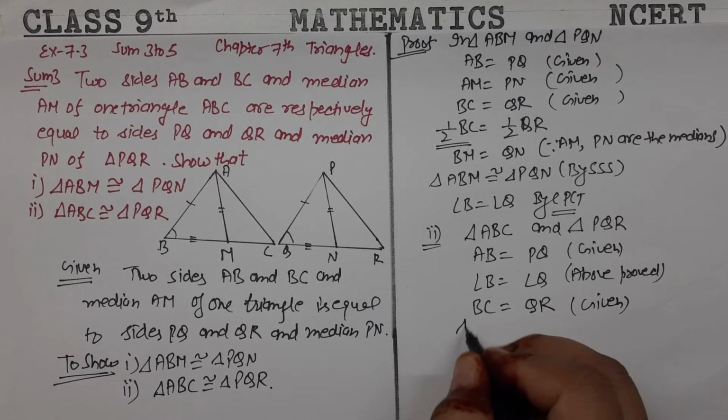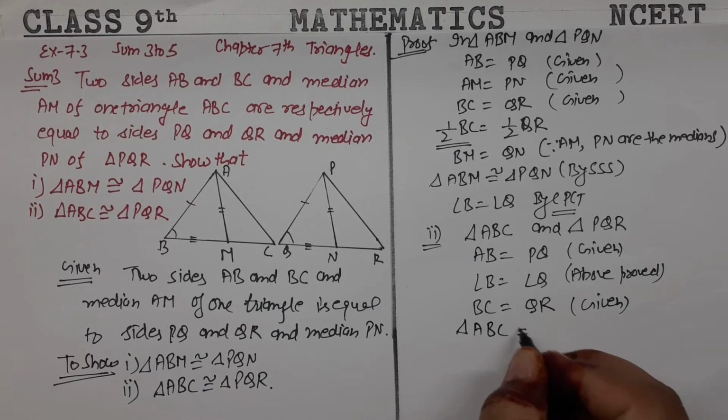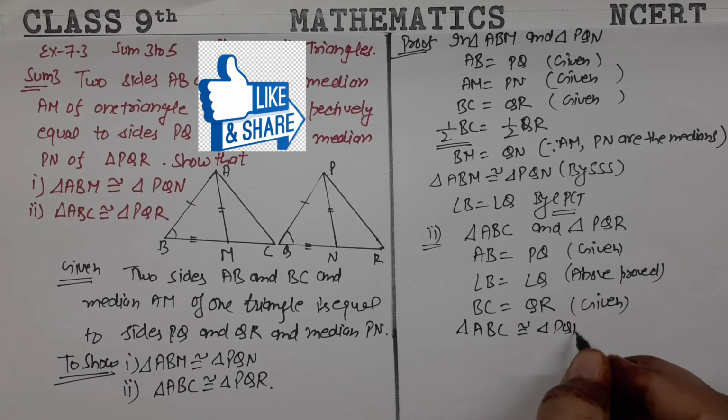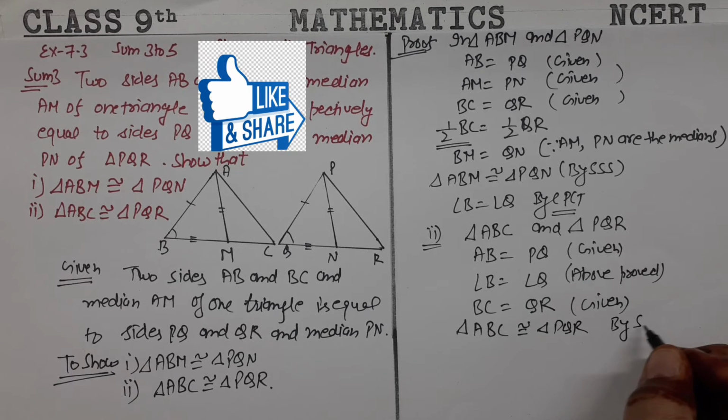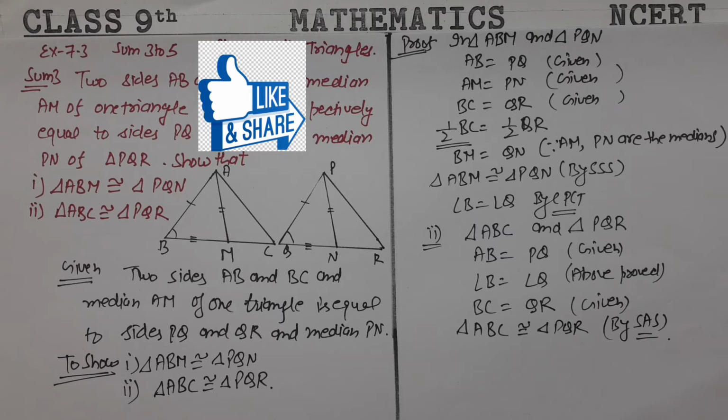So triangle ABC is congruent to triangle PQR by SAS.